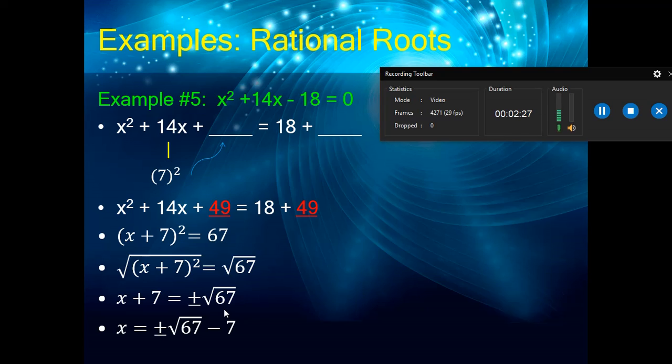In yesterday's lesson, we separated this now into two distinct roots. What I'm going to ask you to do is put the negative 7 first, and then follow it with the positive and negative radical 67. All we have to do is separate this into two solutions or two roots. So when I write the solution set, I'll have negative 7 plus the square root of 67 and negative 7 minus the square root of 67. And you leave it just like this.